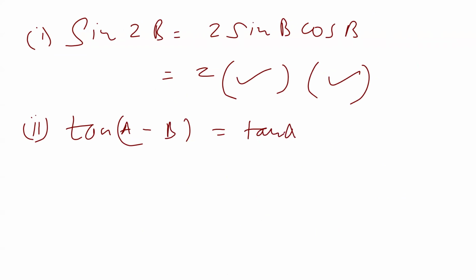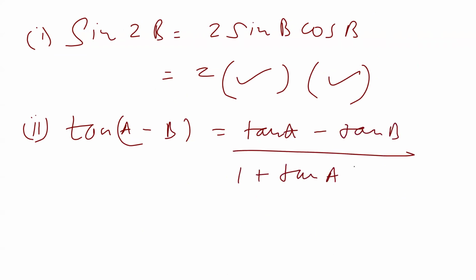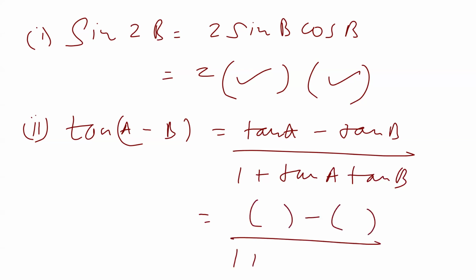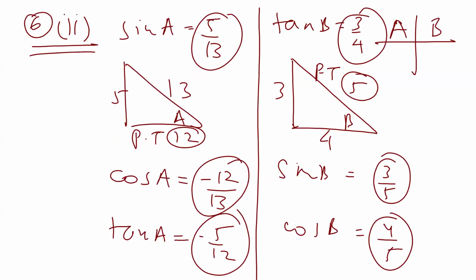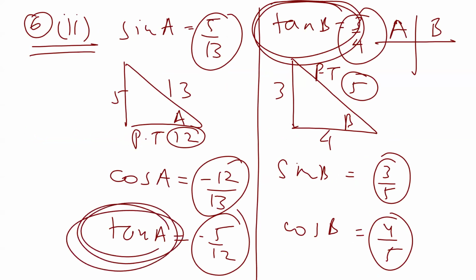So this is a direct formula, (tan A minus tan B) upon (1 plus tan A tan B). So this formula is applicable. You can just solve the problem further by putting the values of tan A and tan B. We already know the values of tan A and tan B. It's there over here on the first slide of the problem. So tan A and tan B, these values we can put over there and simplify.